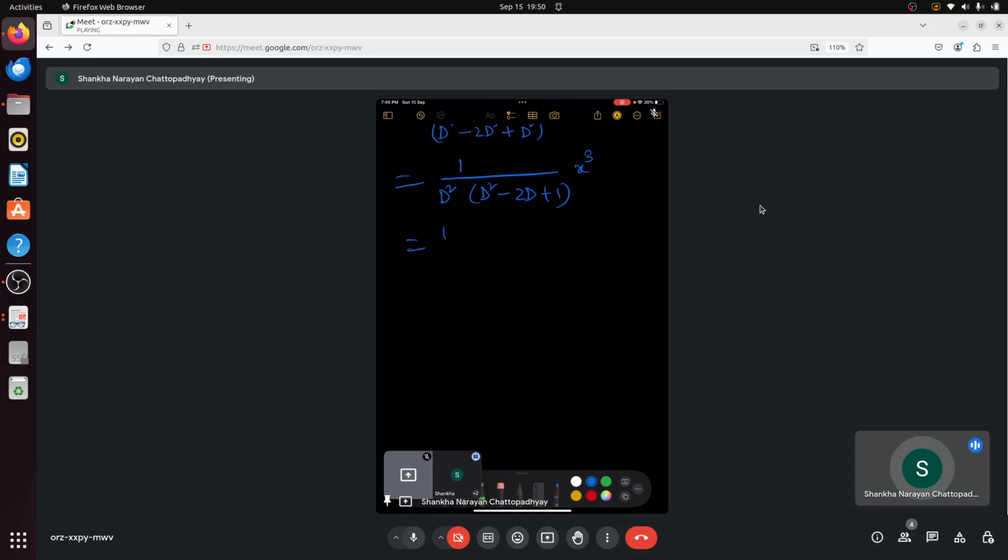So you take 1 by d square outside, so you will get d square minus 2d plus 1 operated upon x cube. This is 1 by d square into, you can write it as d minus 1 whole square, so you can write it as 1 minus d into 1 minus d, x cube.